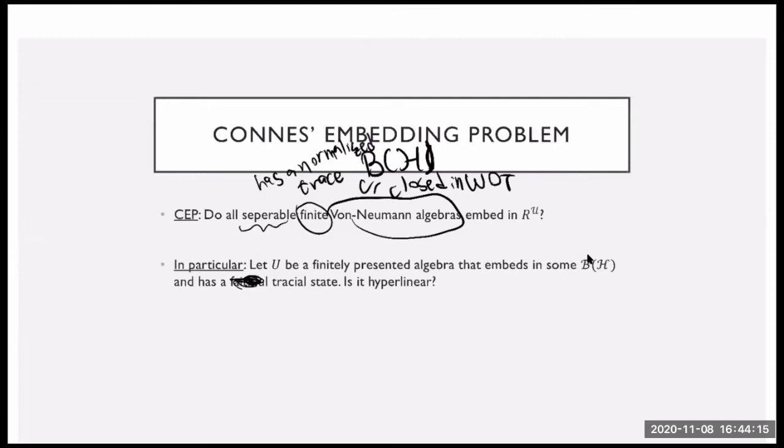What do you mean by tracial state? I started saying something about it at the end of last time. The point is that you just need to think about the regular trace. On matrices, you have this notion of a trace, summing up the eigenvalues.